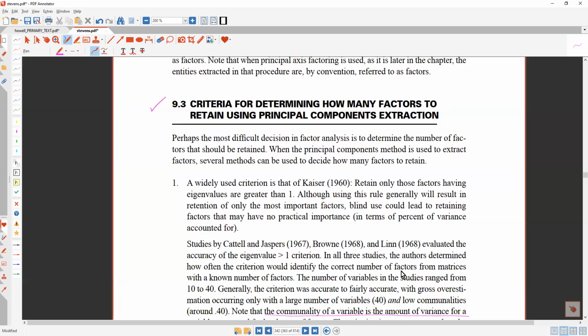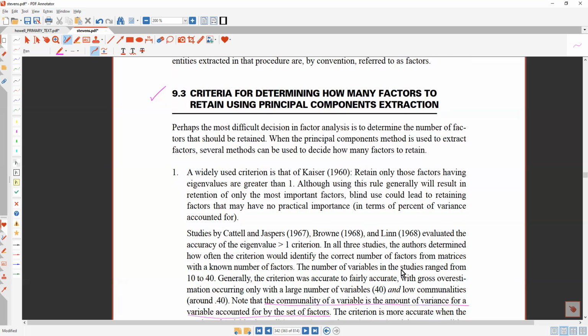How many factors to extract? Criteria for it, it's entirely subjective. There are no true criteria. Now there's stuff that the book talks about here a little bit, such as having eigenvalues greater than 1, because if you're analyzing a correlation matrix, then as we're going to see, that is kind of like an average eigenvalue.